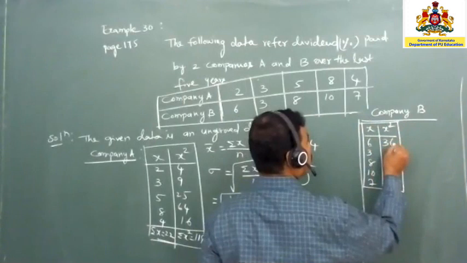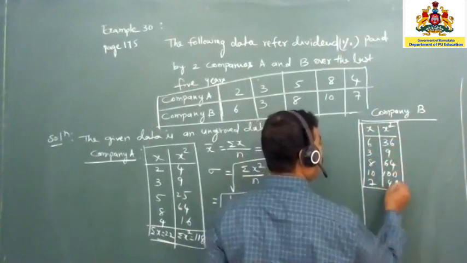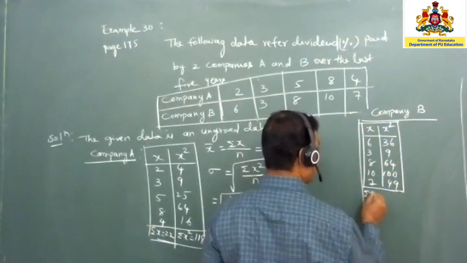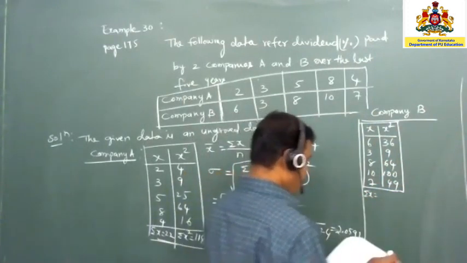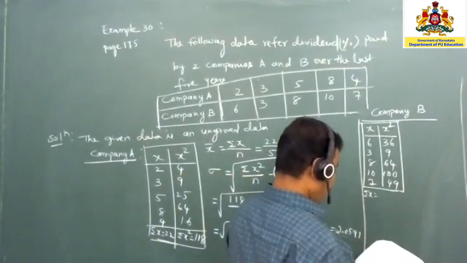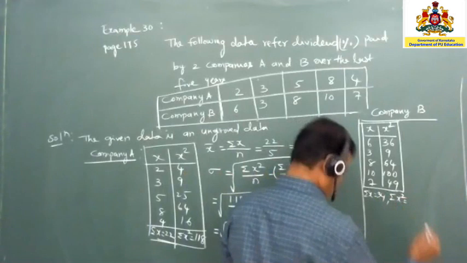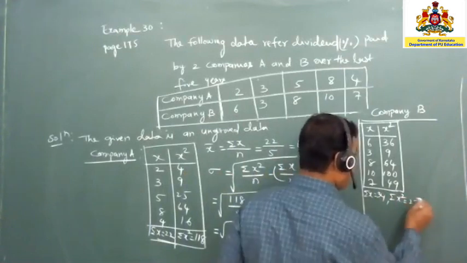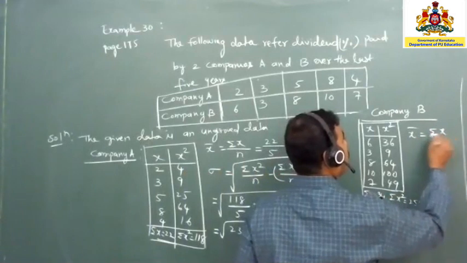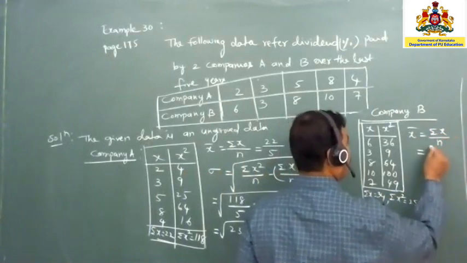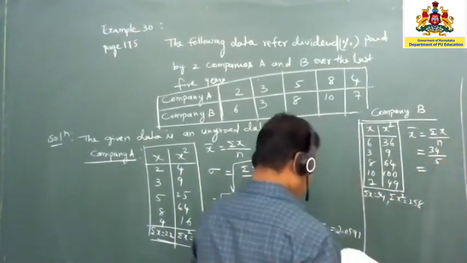Here x square is 36, 9, 64, 100, 49. Summation x equals 34. Summation x square equals 258. So mean x bar equals summation x by n, so 34 by 5 equals 6.8.